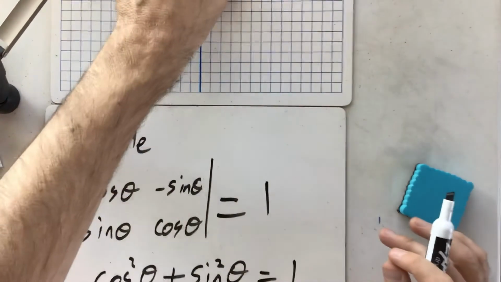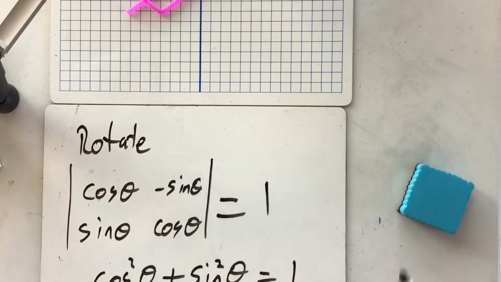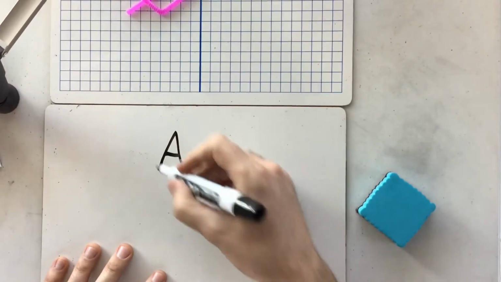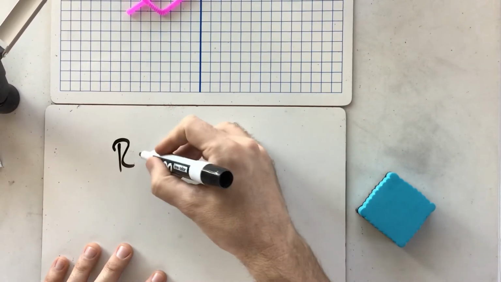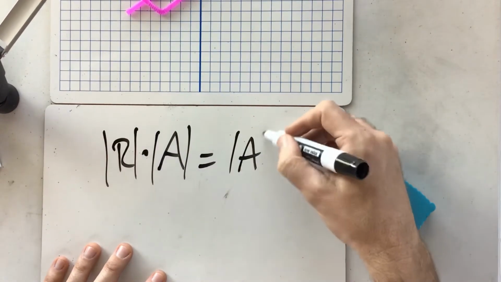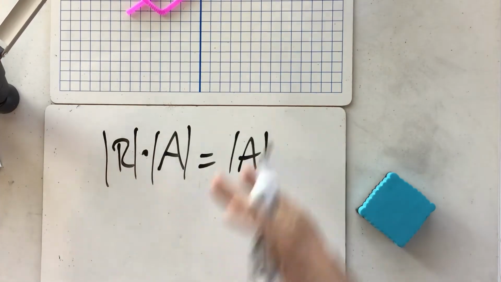That means that when you multiply by a rotation matrix, you don't change the determinant of your matrix. If you have any matrix A and you multiply by a rotation matrix and take the determinant, you get the same as the determinant of A. Again, the determinant is not going to change by rotating.